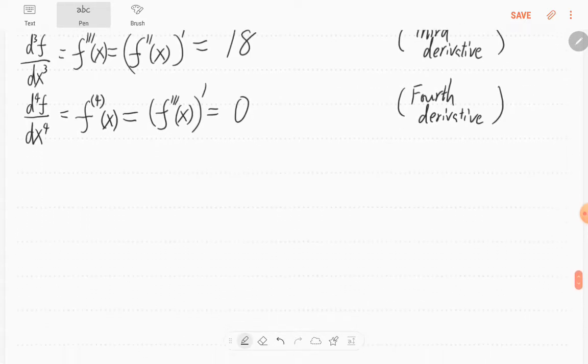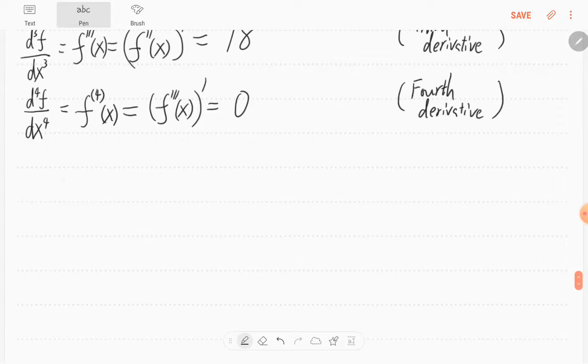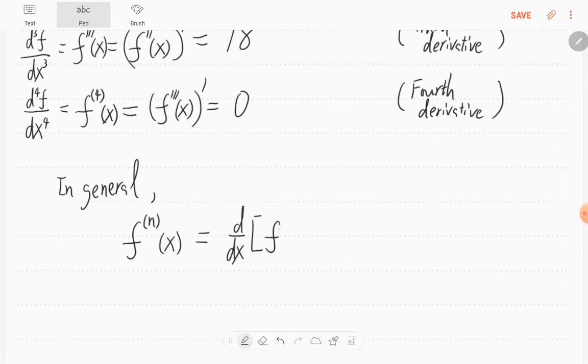So in general, the nth derivative of this function is the derivative of the n minus 1th derivative.